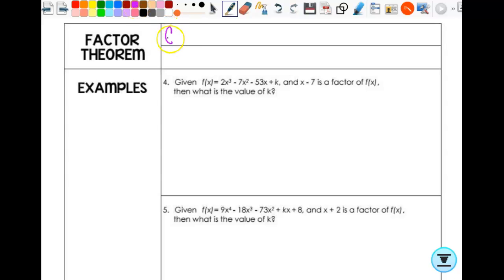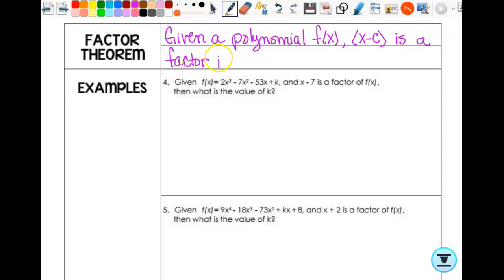So if we are given a polynomial f of x, then x minus c is a factor if and only if f of c equals 0.